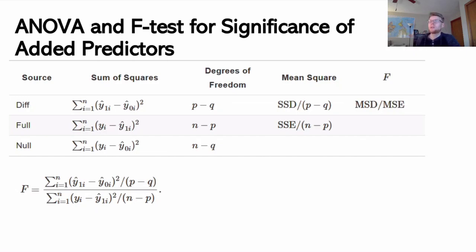So again, our ANOVA table is really the same thing. The only difference here is that the degrees of freedom adjust a little bit, especially on this line and this line specifically. Essentially, we're dividing this by p. However, we make an adjustment based on the number of estimated parameters.